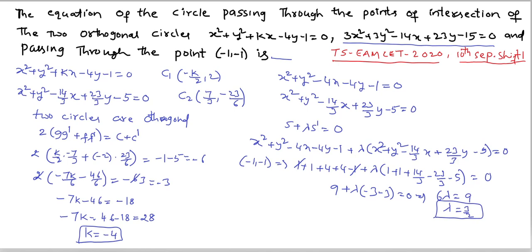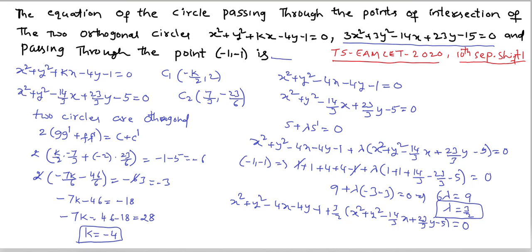Substituting lambda is equal to 3 by 2 in this equation, x square plus y square minus 4x minus 4y minus 1 plus 3 by 2 into x square plus y square minus 14 by 3 into x plus 23 by 3 into y minus 5 is equal to 0.